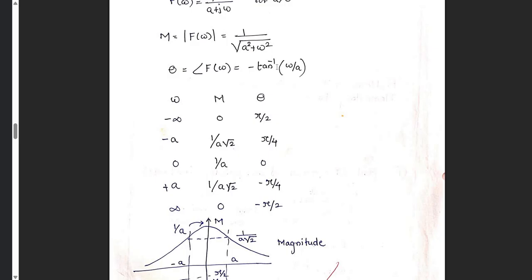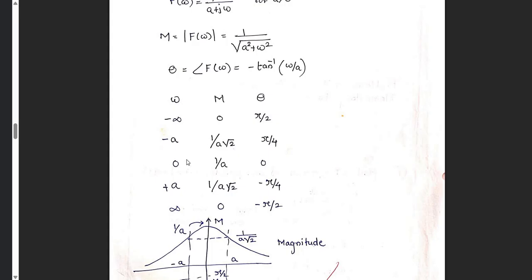And the phase will be tan inverse of minus a divided by a, which gets cancelled, giving tan inverse of minus 1, that is minus minus plus, which comes out to be pi by 4. Since tan pi by 4 is 1, tan inverse of 1 is pi by 4.